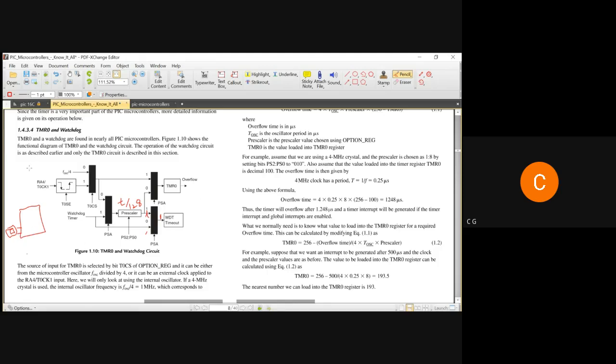Now this is the circuitry here, being represented by this.